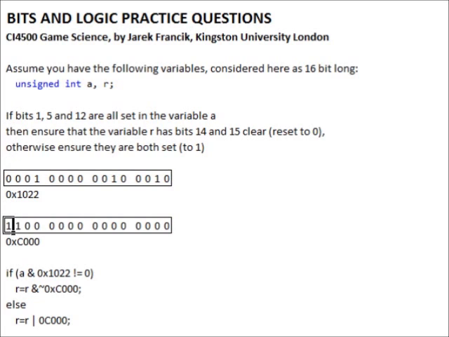It won't change our bit masks, but it will change the programming part here. So the condition we have right now is checking for any bits in the bit mask to be set to 1.